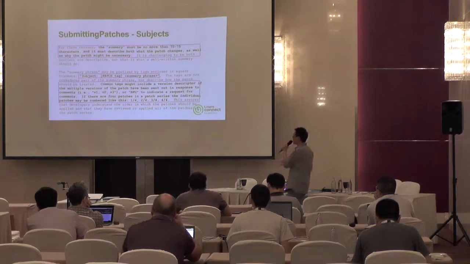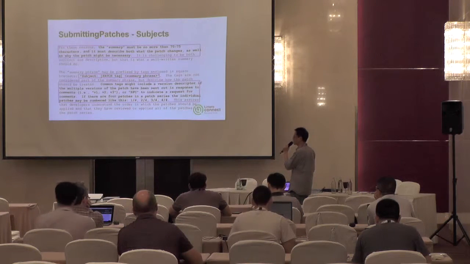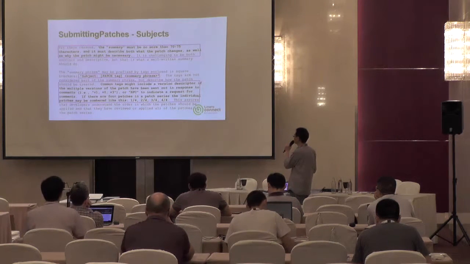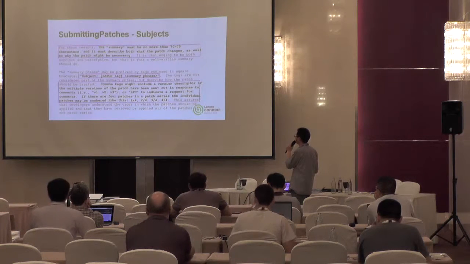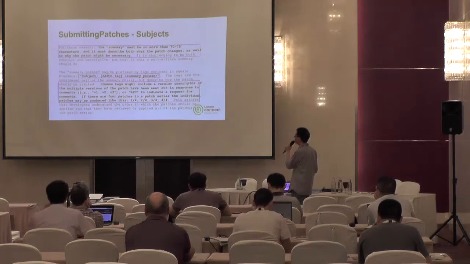For the subject, the summary phrase must be no more than 70 or 75 characters, and it must describe both the patch's changes as well as why the patch might be necessary. The subject has multiple parts.